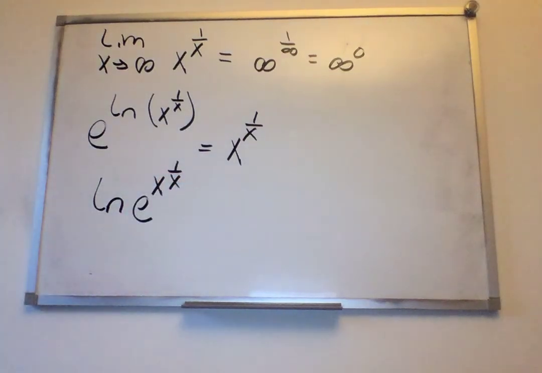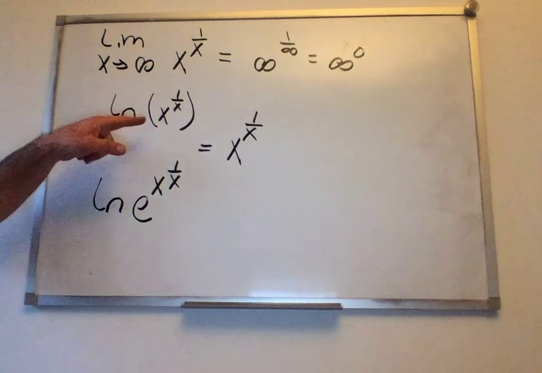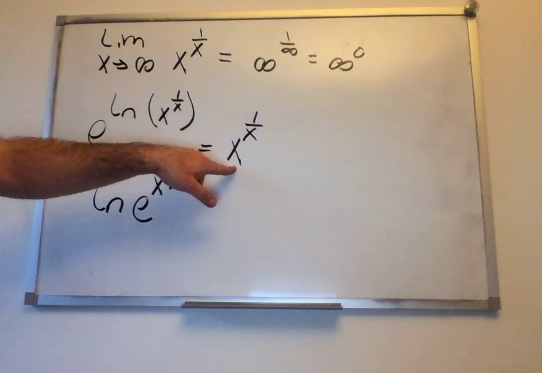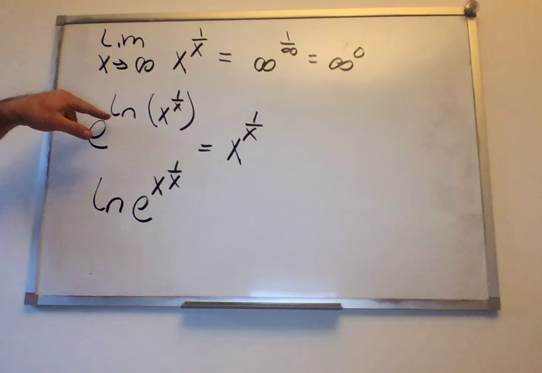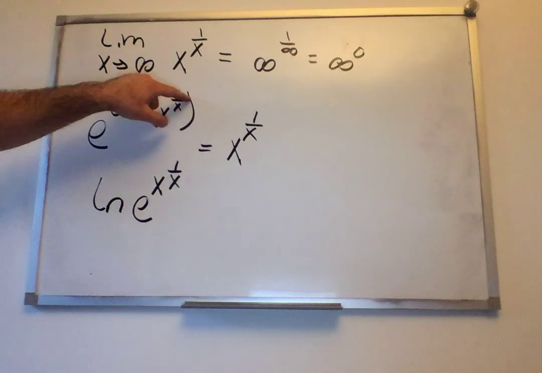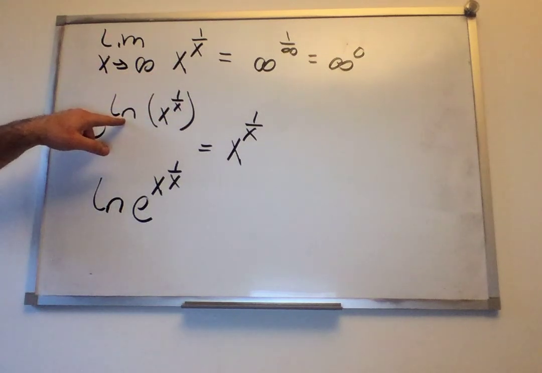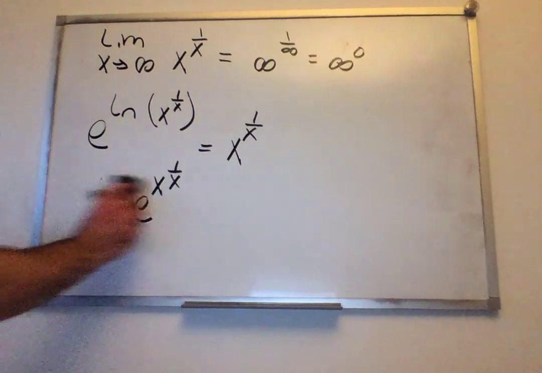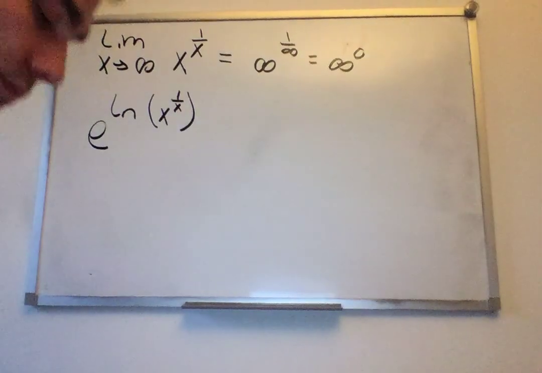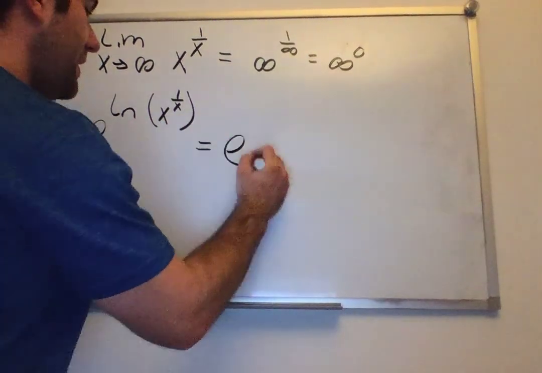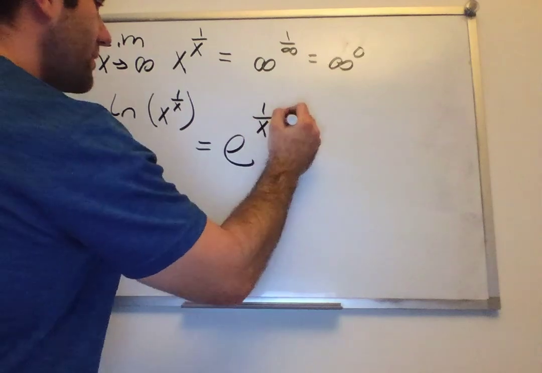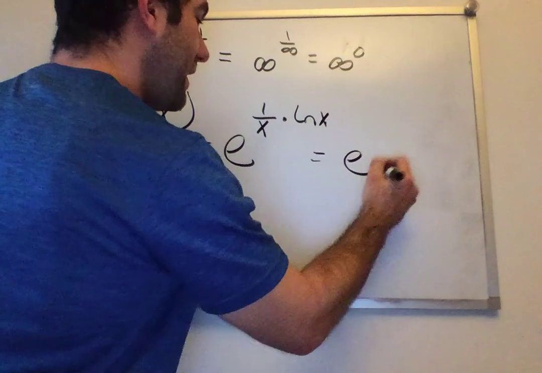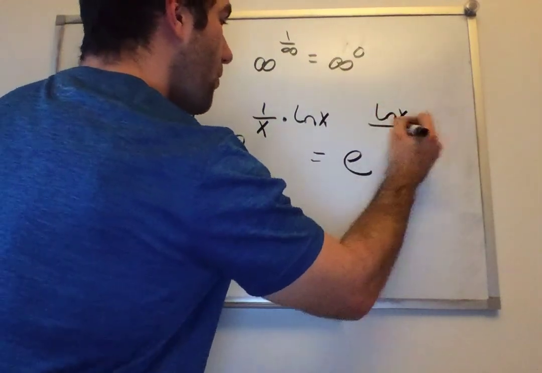Both are equivalent, but we're going to use this one because since it has a power inside an ln, we can use log properties and bring the 1 over x out front, which is exactly what we want. So I could rewrite this as e to the 1 over x times ln of x, or another way of writing it, e to the ln of x over x.